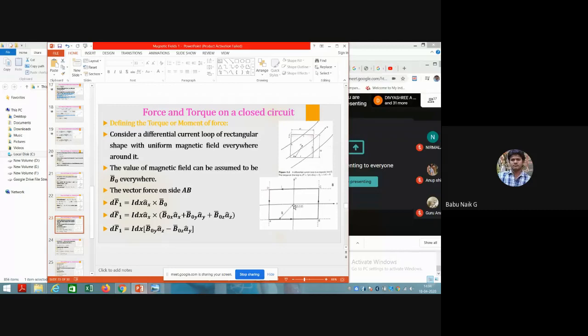At the origin I am going to take B0, in any of the coordinate directions X, Y or Z. If we see here, this is the XY plane, where the X-axis is this one and the Y-axis is this one. The current is flowing in a circular loop. Due to this, we need to calculate the torque.